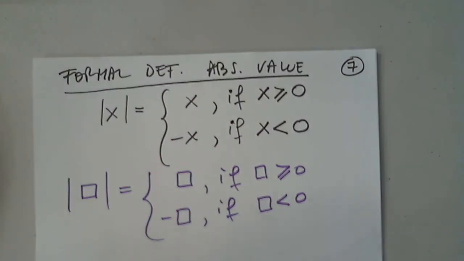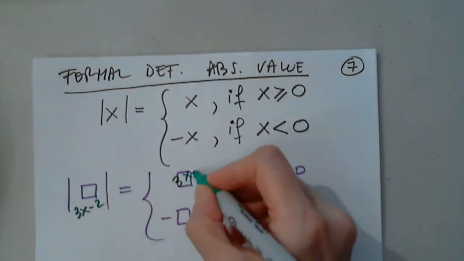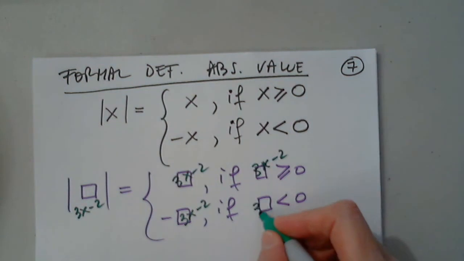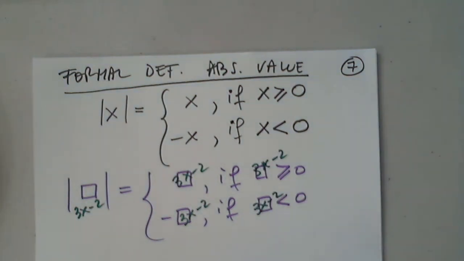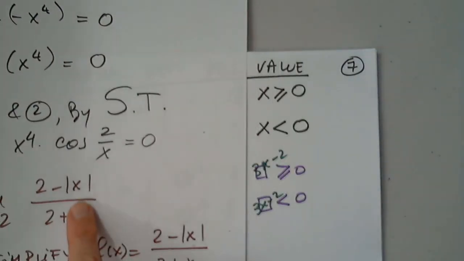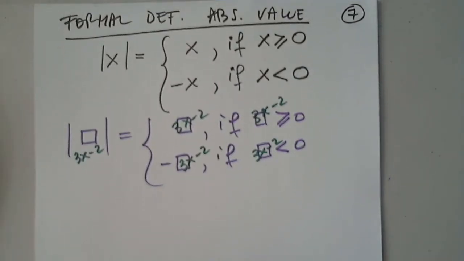If I have, let's say, 3x minus 2, then I have 3x minus 2 here, and here, and here. This is how I have to remember the formal definition of the absolute value. So we chose a simple example in which this was not 3x minus 2, but exactly plain x. Okay, so this is our starting point.